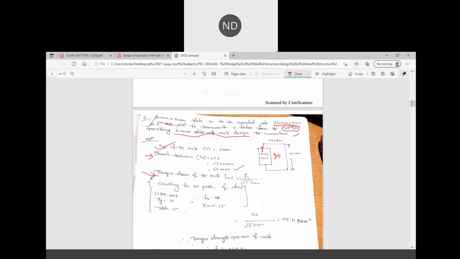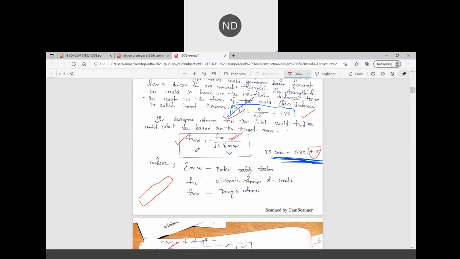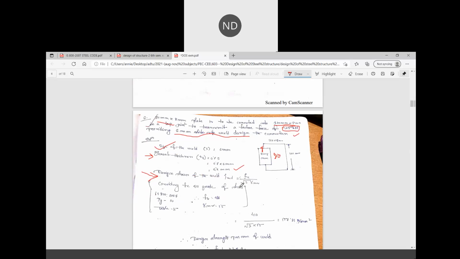So design stress was how much? This one we have learned: fu by root 3 gamma mw. So fu by root 3 gamma mw. Now I showed you this partial safety factor also. Fu is how much?